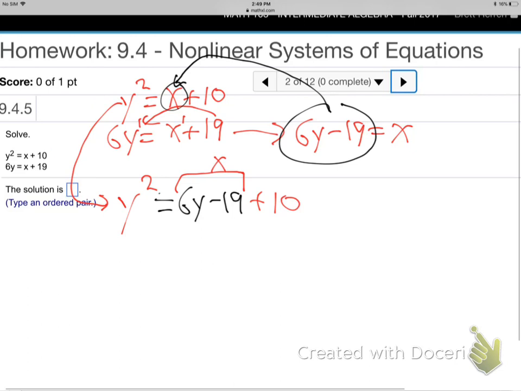So now we have an equation with y squared. Can you solve that? You know what to do, right? Get a zero factor, which you've done a lot of times. Is that going to be minus 9 and then jump those over?